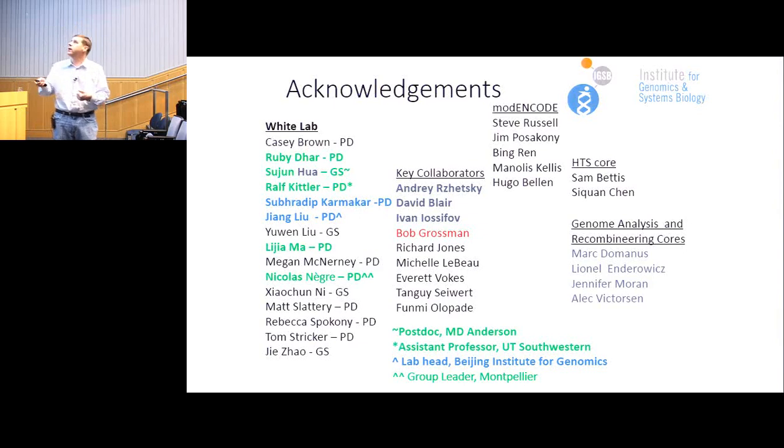And so the people in green actually for this talk, they're on the ENCODE project and on all of our nuclear receptor stuff, so I didn't talk about that. But Subhadeep, Jian, they really led this work on the SPOP story. I showed you pictures of everybody else, so thank you.